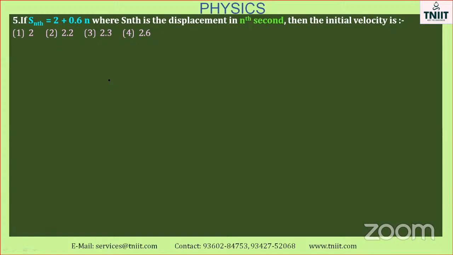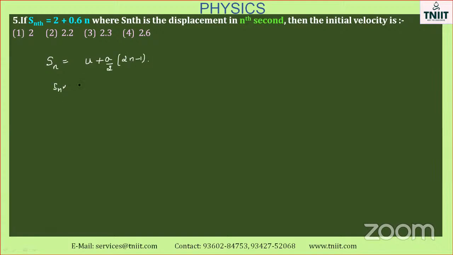Distance traveled in the nth second is given by 2 plus 0.6 n, where Sn is the displacement in the nth second. What is the initial velocity? You know that the distance traveled in the nth second is given by u plus a by 2 into 2n minus 1.